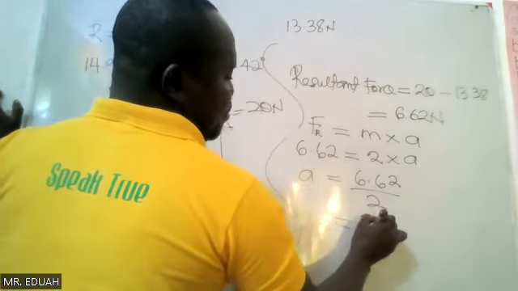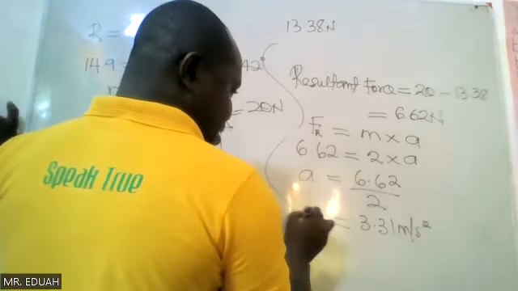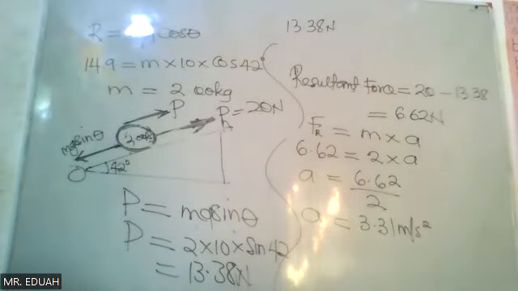We have 3.31 meter per second squared for our acceleration. So really not difficult at all.